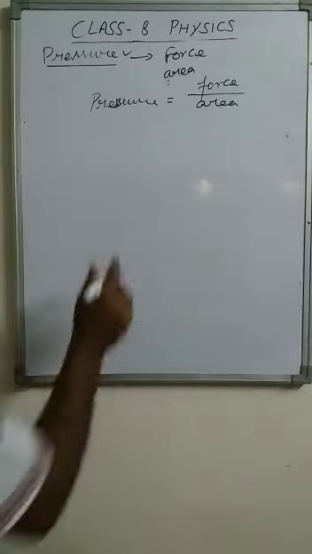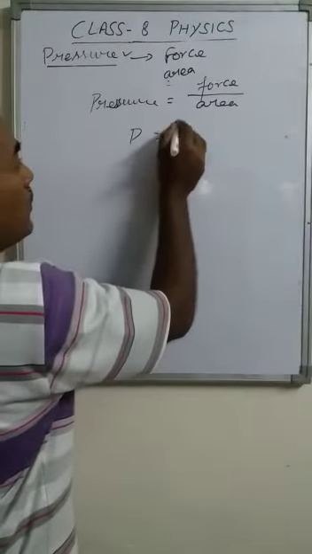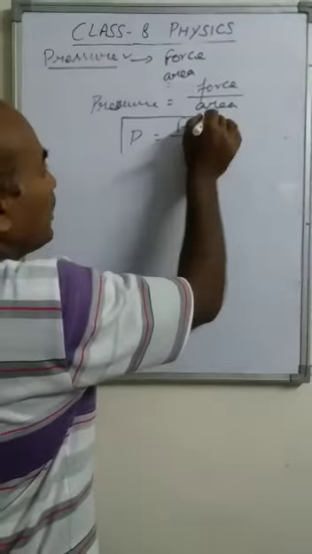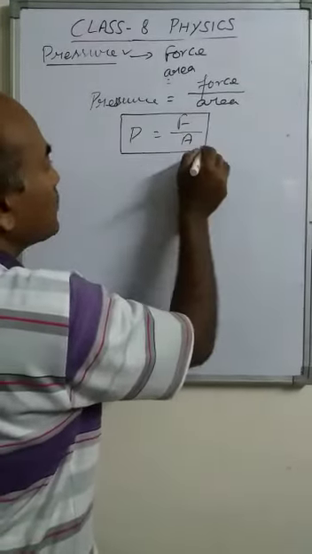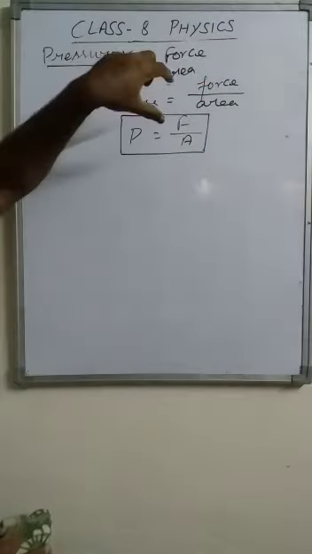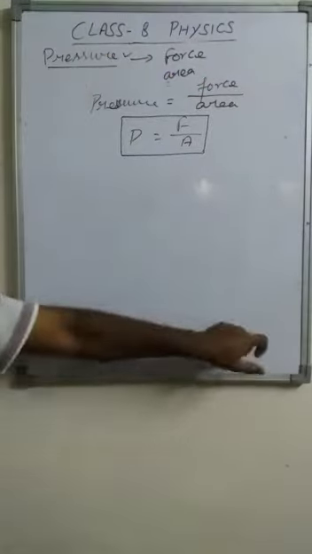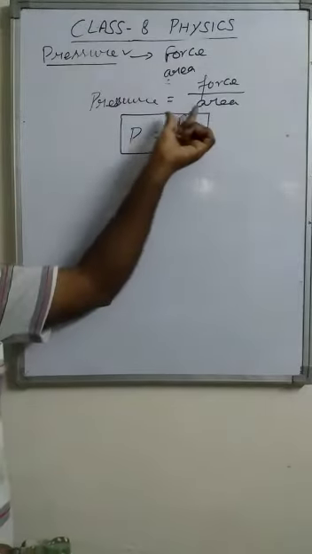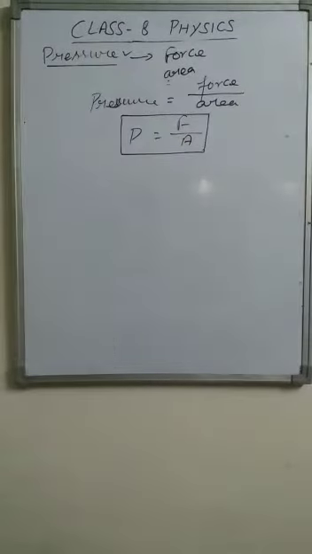Symbolically it can be written as P equal to F upon A, area. This is the formula. So pressure is force applied per unit area. It means the force is applied on how much area. That is the pressure. Formula: pressure is equal to force upon area.